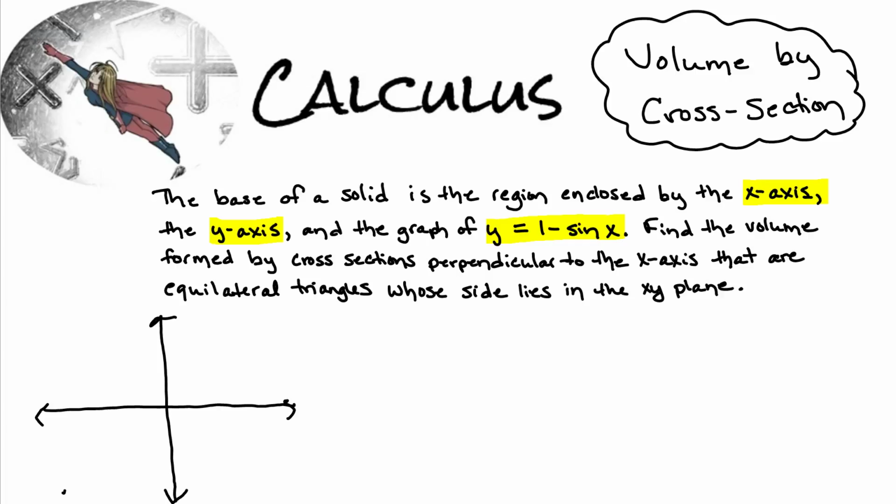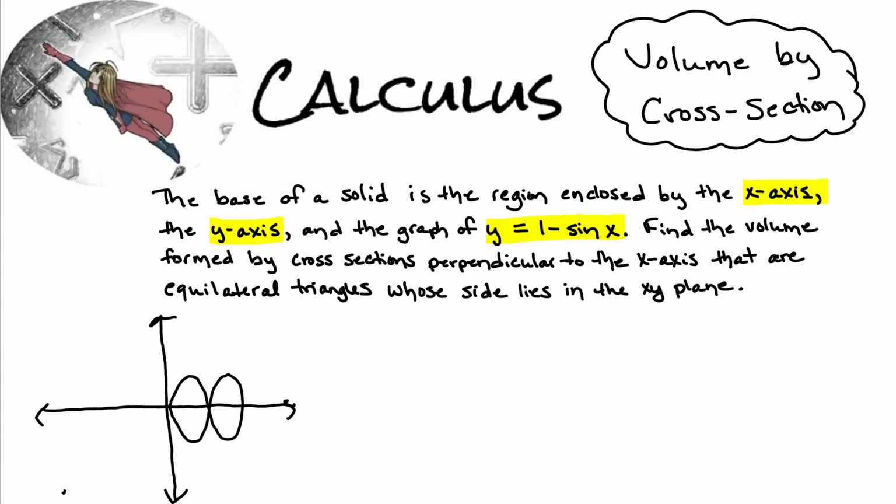If you remember back, sine of x looks like this. With the negative in front, the minus sine of x part, that's going to reflect it over the x-axis like that. And then the plus 1 is going to shift that up 1.